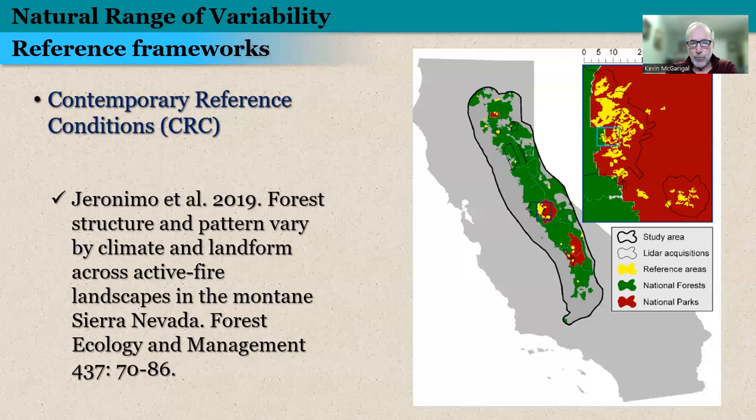And they identified reference areas, depicted in yellow in the figure, which met a suite of criteria. Most importantly, these were sites that have experienced regular occurrence of fire over the past several decades, such that presumably the vegetation conditions today reflect what the natural disturbance processes would have created at these sites in the absence of human activities or human modifications.